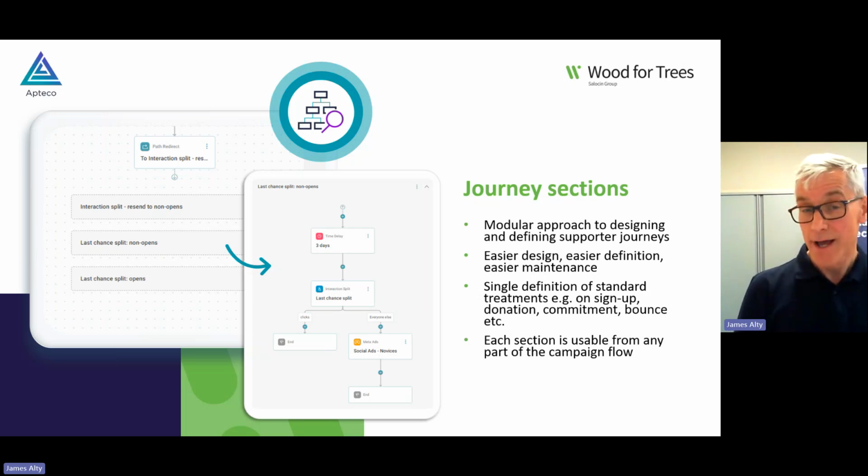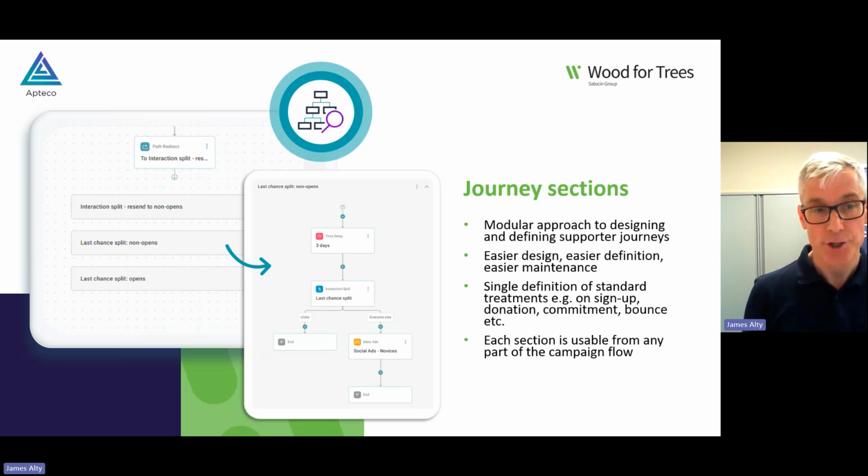But we only have to draw that sign up communication in one place in the whole campaign, and we can then refer to it from wherever we wish. So we believe that's a unique benefit of the Aptico marketing platform, a real differentiator of how you can draw your supporter journeys.